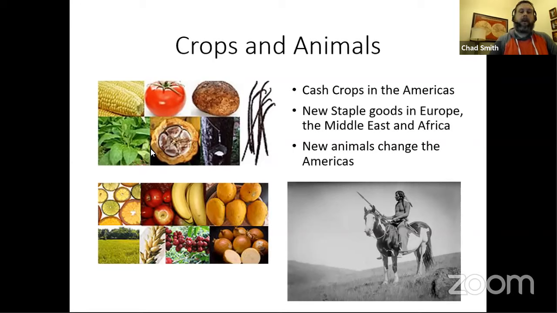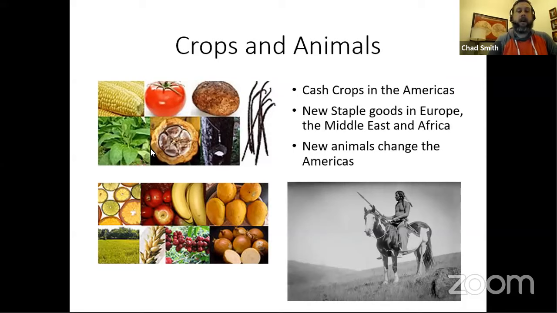Crops came from Europe and Asia as well, and came to the Americas. Some examples of these in particular are fruits like bananas and apples and citrus fruits that grew in America. But crops not only came as a result of the Columbian Exchange.